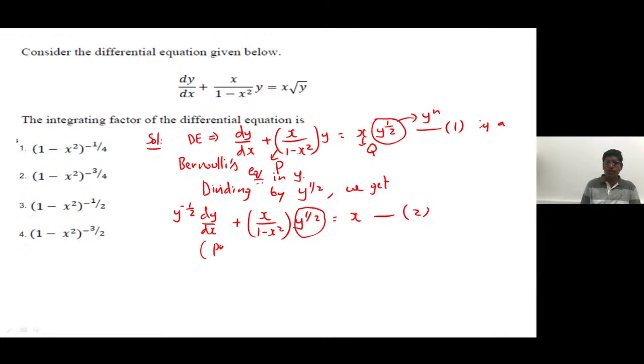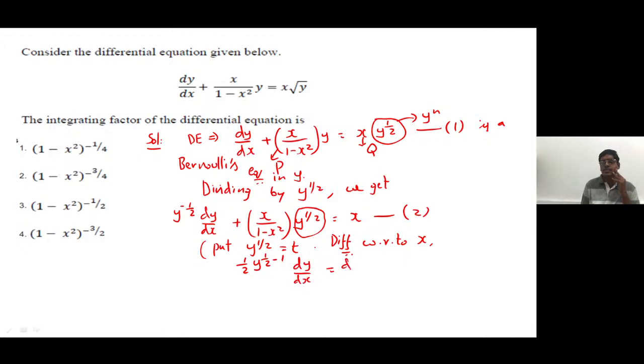So here, to make it a linear equation, put y power half equal to t. So differentiate with respect to x. We will be getting, y to the power half looks like x to the power n, whose differentiation is n times x to the power n minus 1. So half minus 1, and the y derivative with respect to x you should also multiply, that is dy by dx.